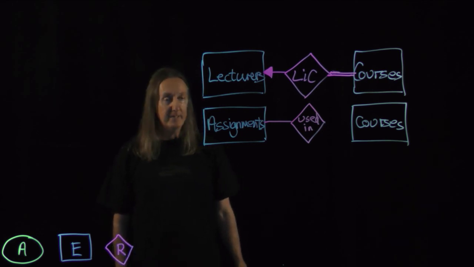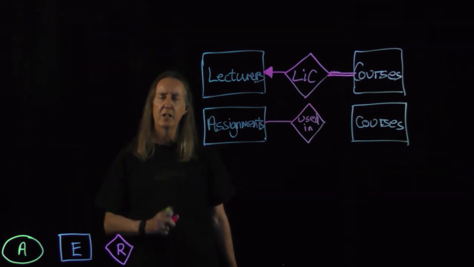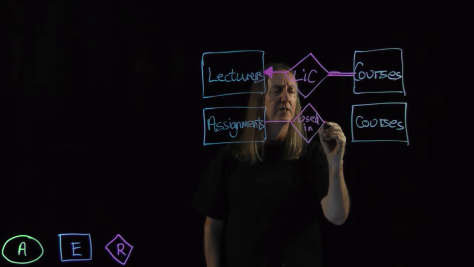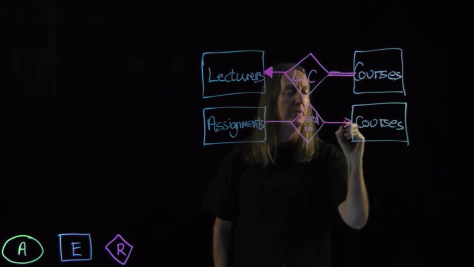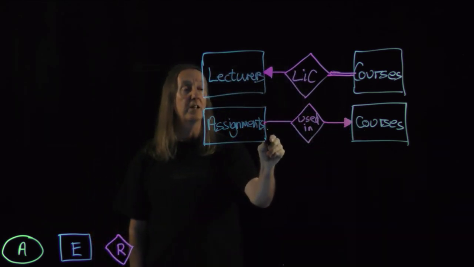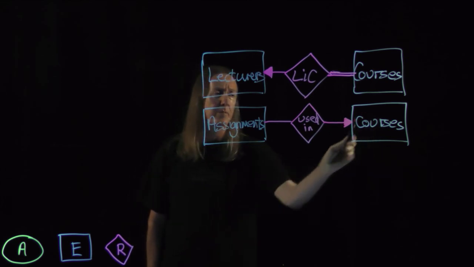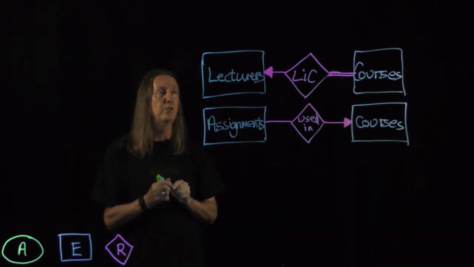The other aspect of this relationship, what I said before, was that each assignment is only used in one course. So once again, we have this one-to-many relationship, which we indicate like this. So each assignment is used in exactly one course. The fact that we don't have an arrow here means that a particular course may have several assignments used in it.